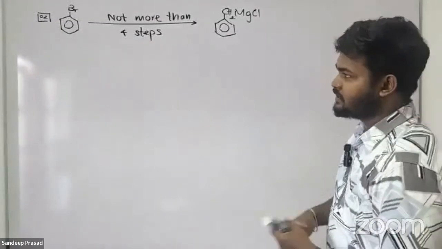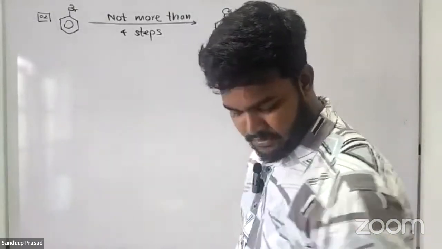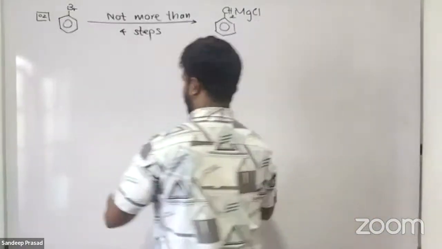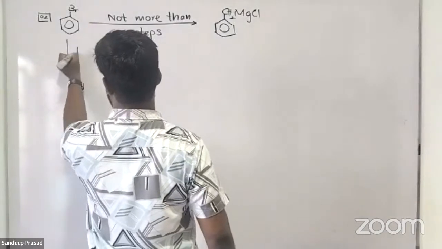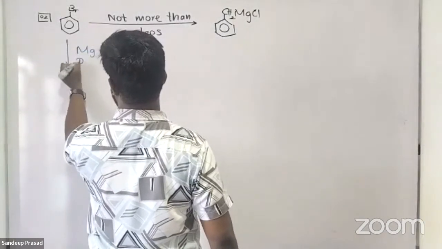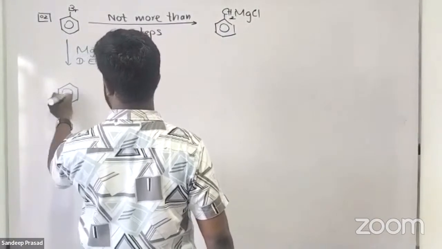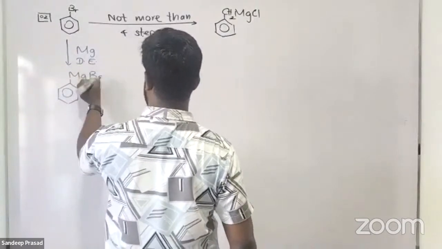That's very easy. Since they have given bromobenzene, we can easily make the Grignard reagent by adding magnesium and dry ether, giving MgBr.